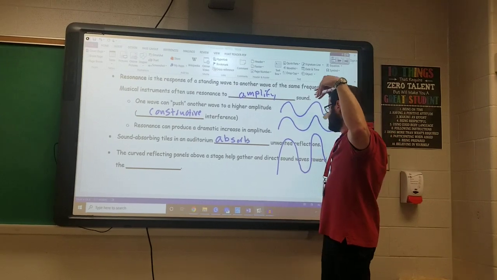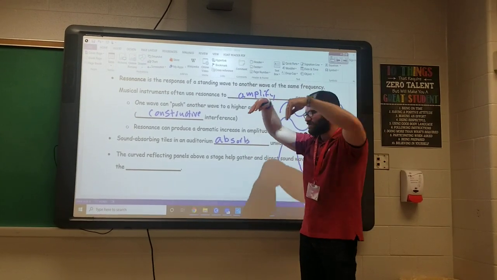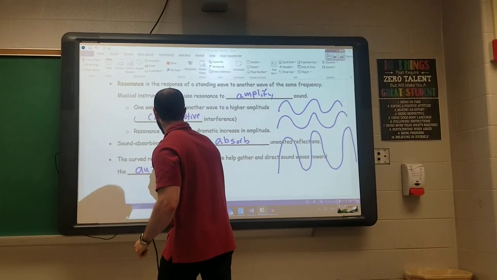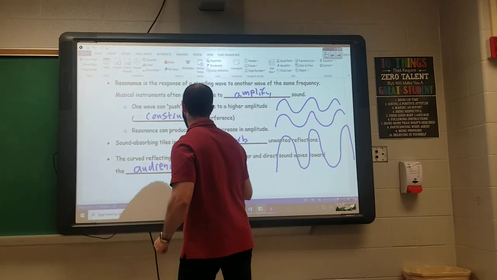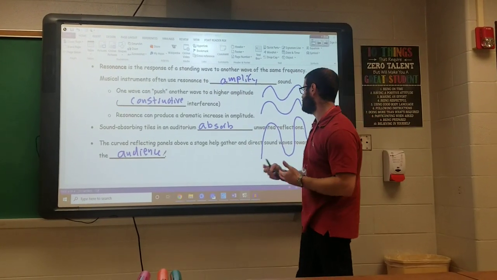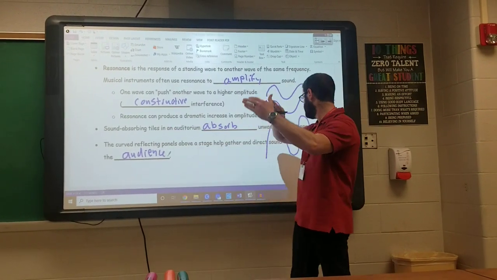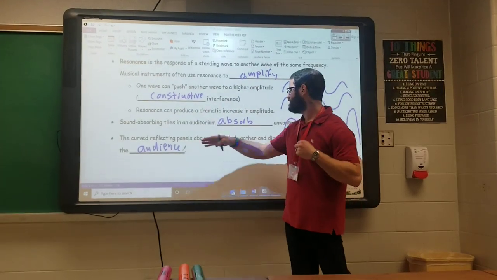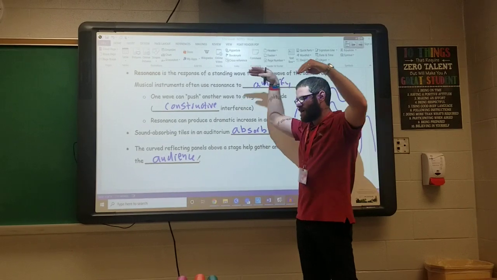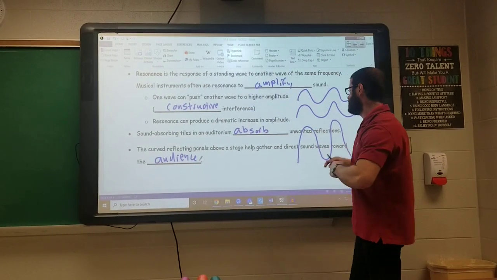These actually direct the sound toward the audience, right? So we can hear the sound. Those are some applications of what we're talking about with resonance. Sound absorbing tiles absorb unwanted reflections, and then we also have panels that gather the sound and direct it toward the audience.